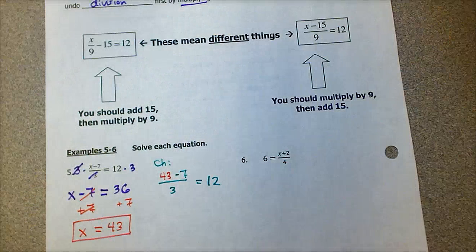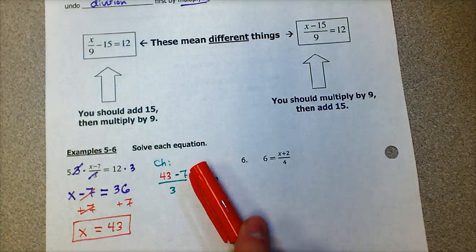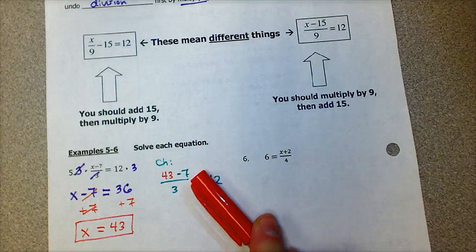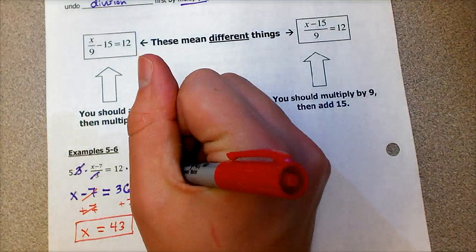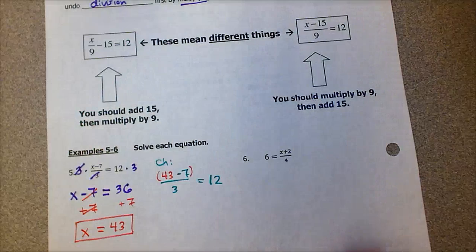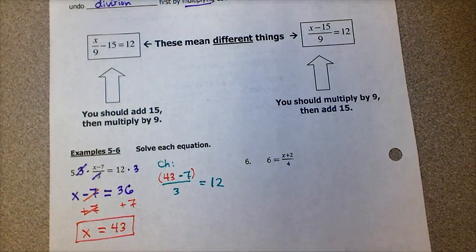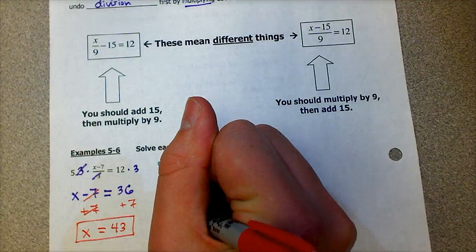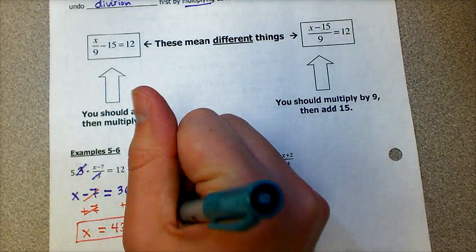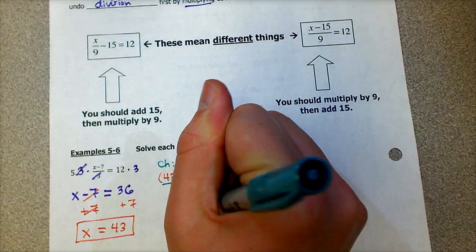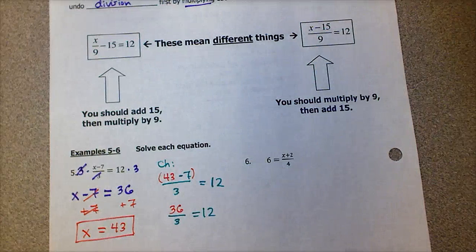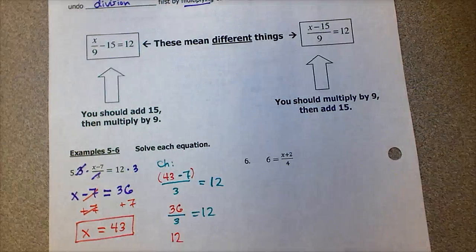When I do my order of operations here, because 43 minus 7 is all in the numerator, think about it as having invisible parentheses around those. We actually do that first when we do the order of operations. 43 minus 7 is 36. And then 36 divided by 3 is 12. So that checks out.